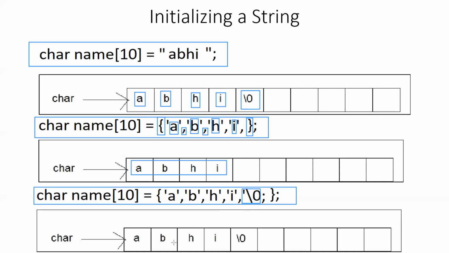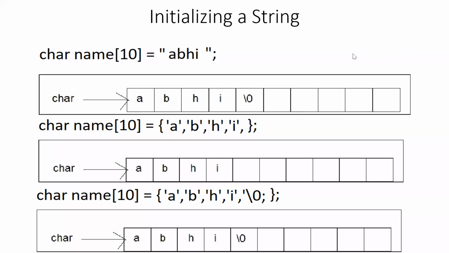As you can see in the memory representation, the null character is now present at the end of the string. So what do we conclude? If we use double quotes to initialize a string, there is no need to insert the null character; it is automatically inserted. If you are using single quotes, then you need to manually assign the null character at the end of the string.